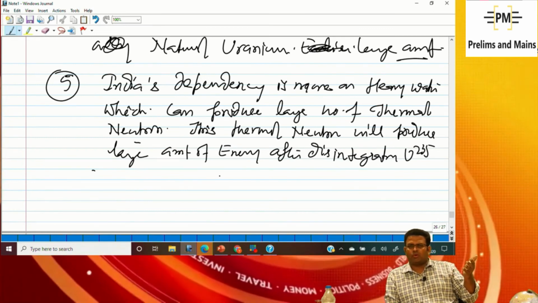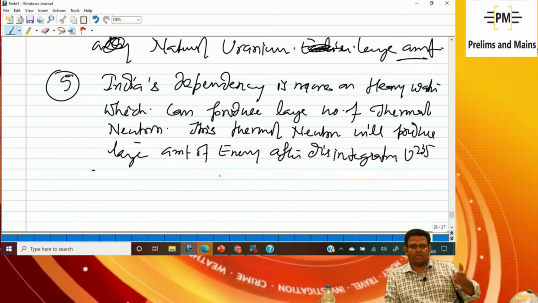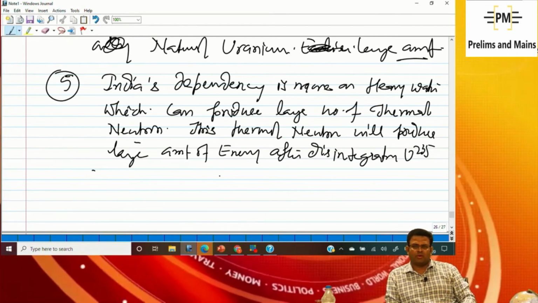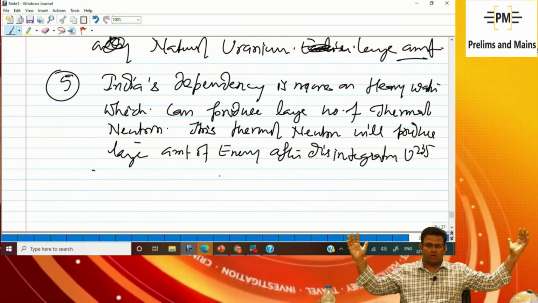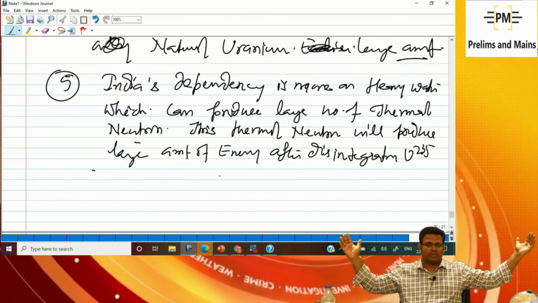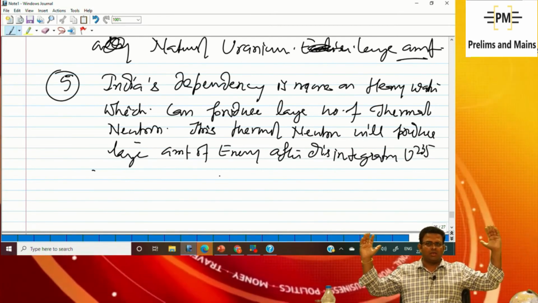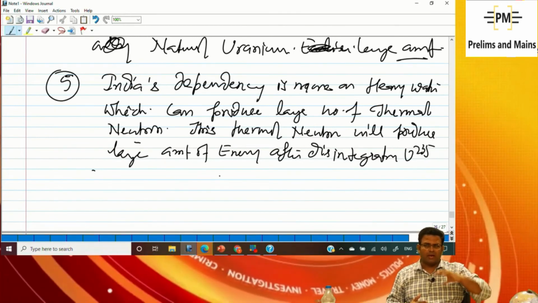If there are lakhs of neutrons and I need only 25,000, then 75,000 neutrons will be absorbed. Only 25,000 will be there so that we can control them in the chamber, because the nuclear power plant has the capacity to produce only this much energy. 75,000 have been absorbed and 25,000 remain.